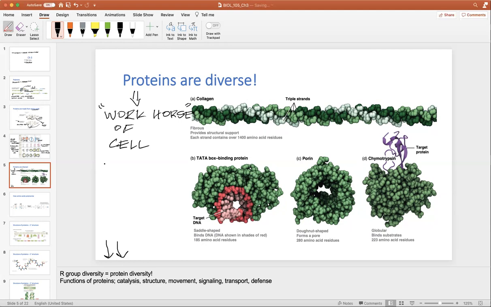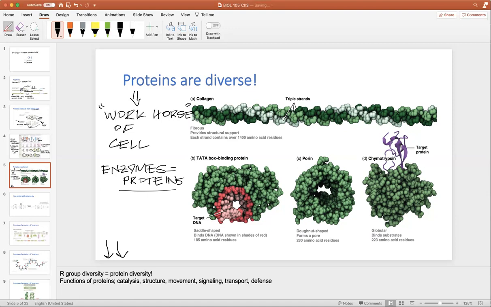So an example of that is enzymes, right? Enzymes, they run the chemical reactions of the cell, and they are proteins. All right, so that's one really important function of proteins.